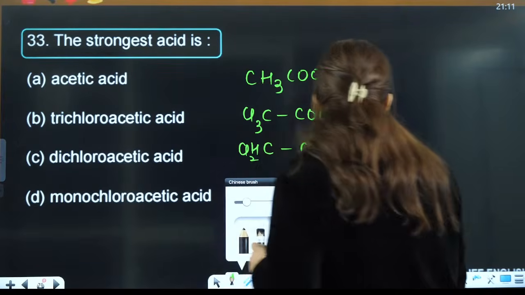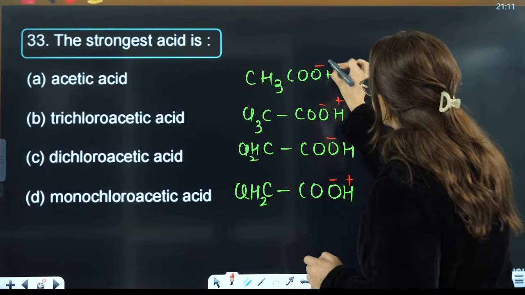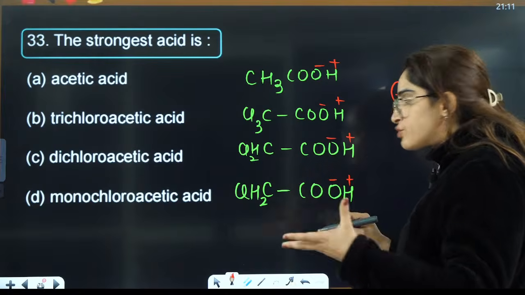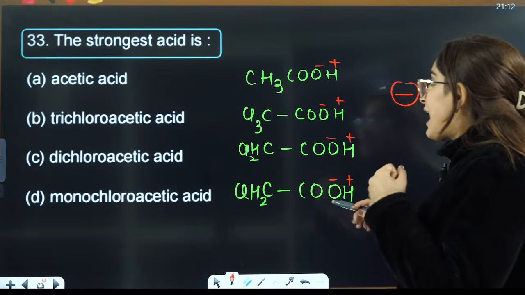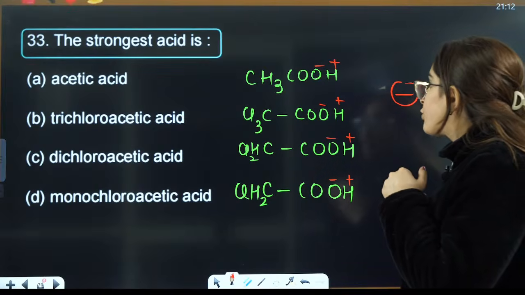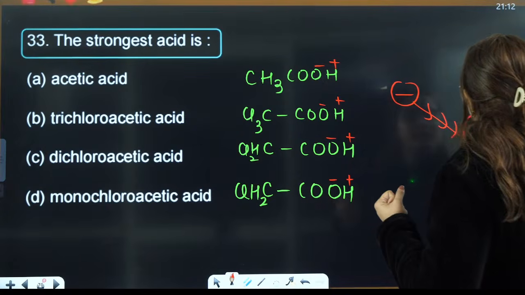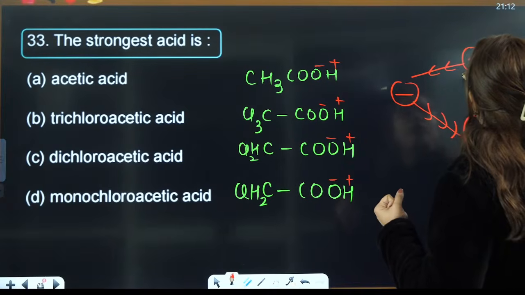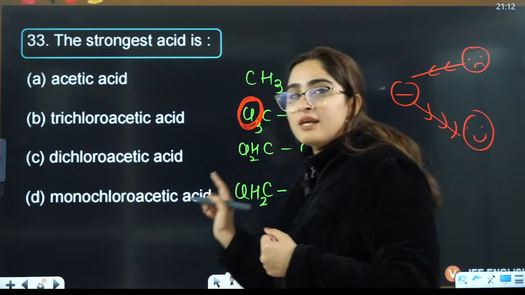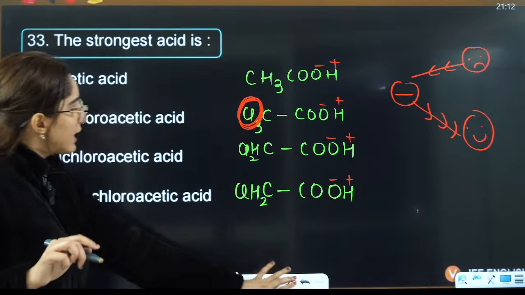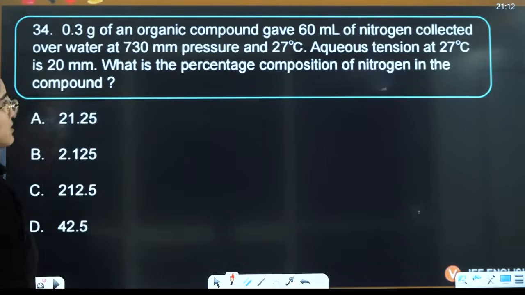If you talk about the carbanion that will be formed after losing H positive, and it has an electron withdrawing group, then it is going to stabilize it. If you take out the electron, it will be stable. If you give the electron, it will be unstable. So you need to take out the electron by these electron withdrawing groups. More the electron withdrawing groups, more is the stability. So you have trichloroacetic acid as the answer here.